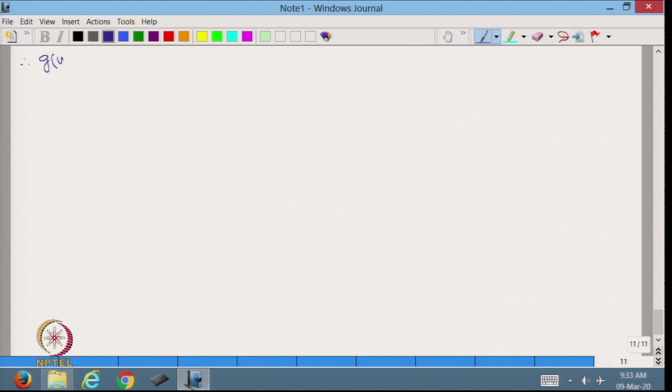Therefore, g of u is equal to the integration from minus infinity to infinity of 1 upon pi square into 1 upon 1 plus v square into v square upon v square plus u square into 1 upon modulus of v dv, where v goes from minus infinity to infinity.